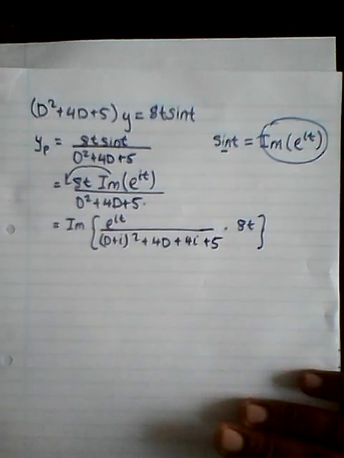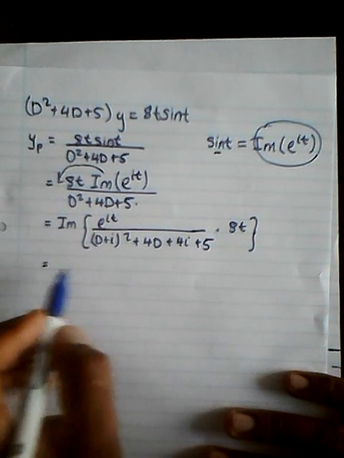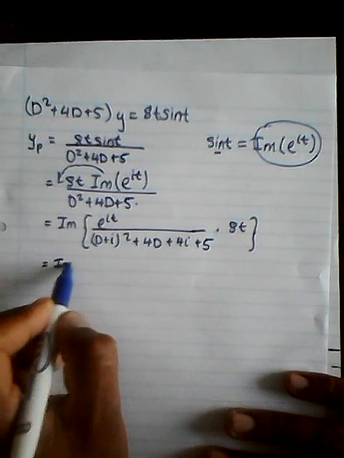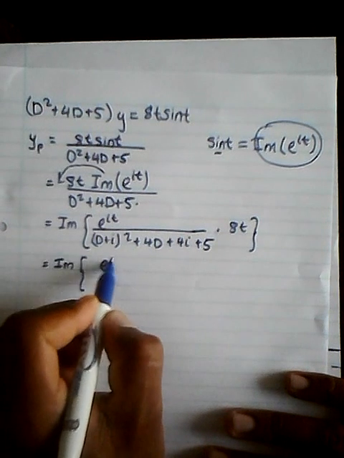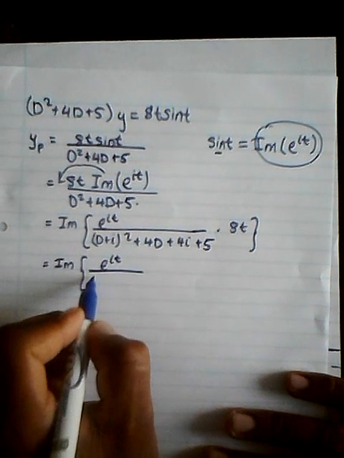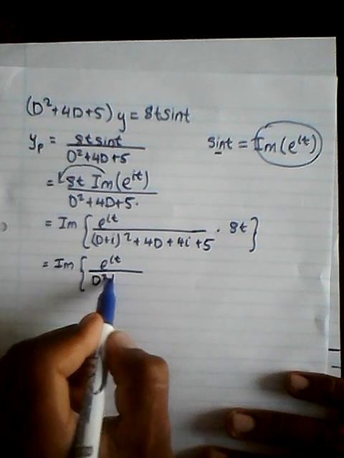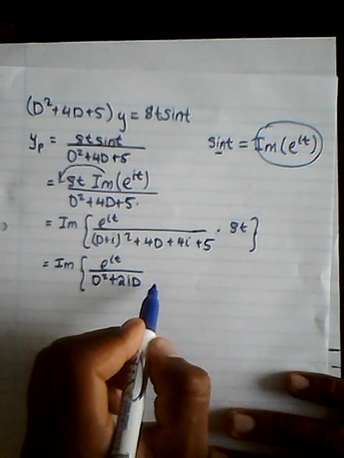Now let's work out the denominator. We have the imaginary part of e to the it divided by D squared plus 2iD minus 1.